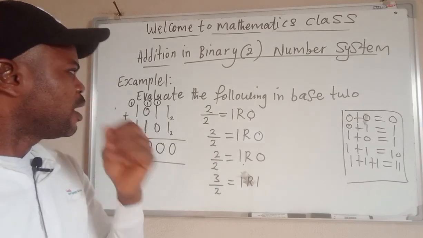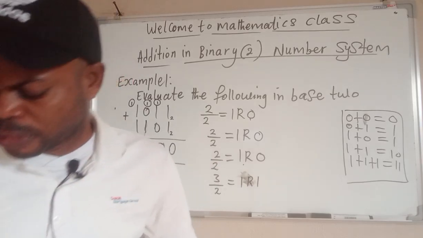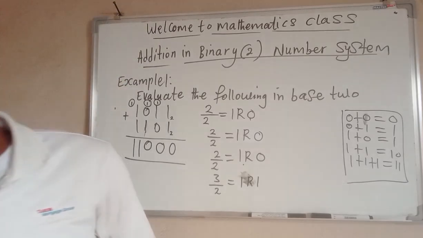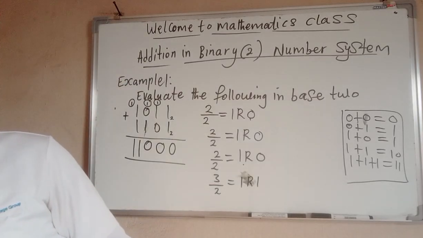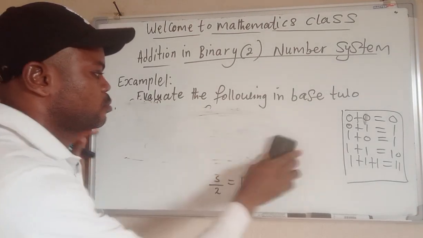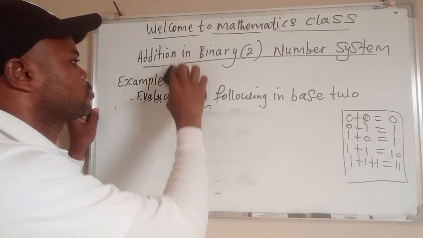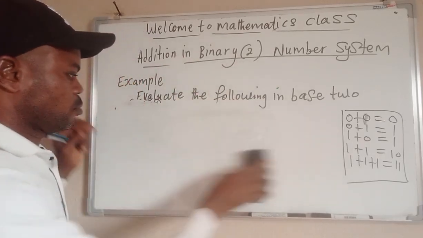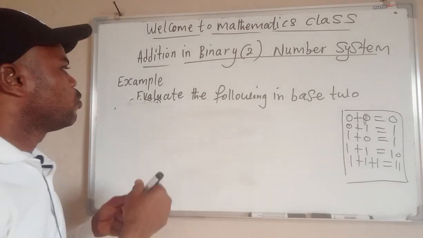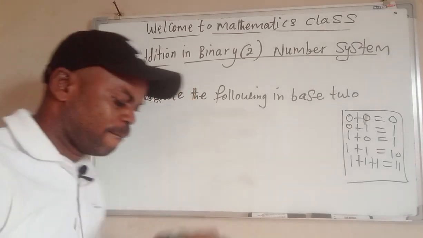I'm going to take another example for you to understand better, a little bit more complex. So what do we do when we have more complex questions involving more numbers? We're going to be dealing with example 2.